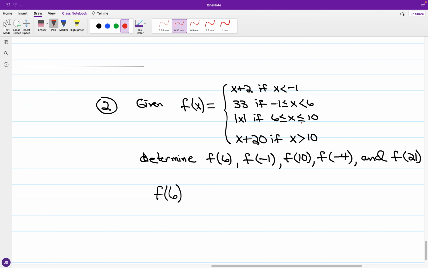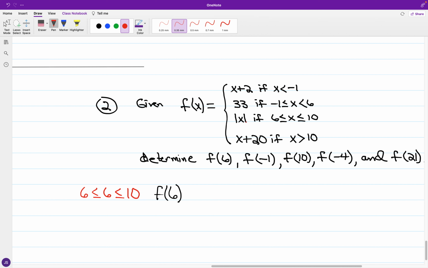But for the third, 6 is less than or equal to 6 is less than or equal to 10. 6 cannot be less than itself, but it can be equal, and 6 is less than 10. So the inequality to which the input 6 belongs is 6 is less than or equal to x is less than or equal to 10.